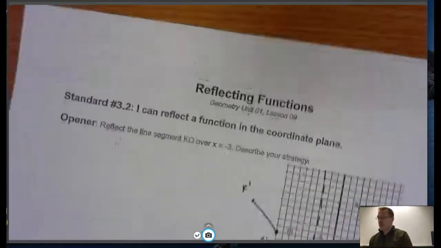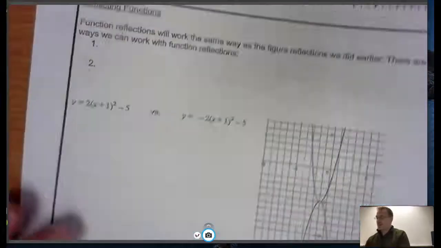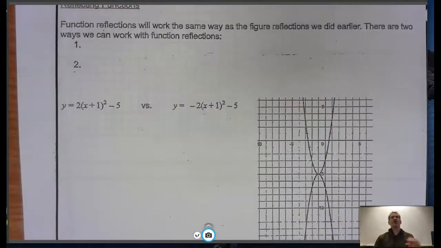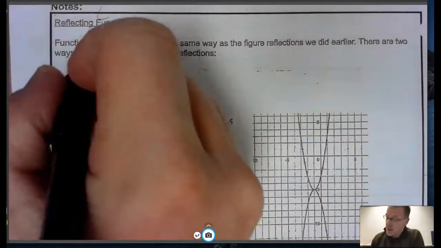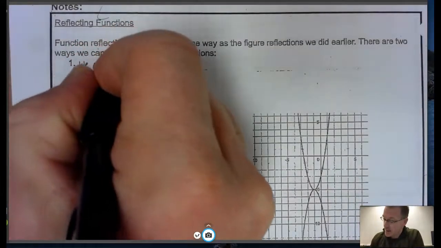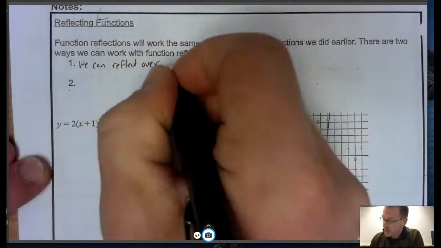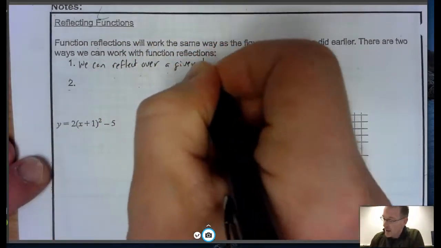So when we reflect functions, there are two ways we can reflect a function. So the first way is just like what we did before. So we can reflect over a given line.